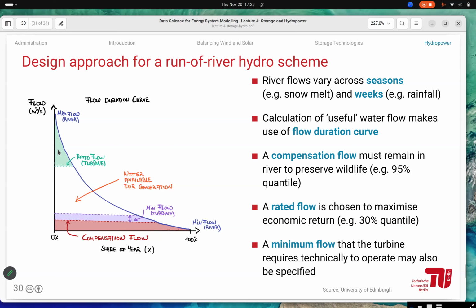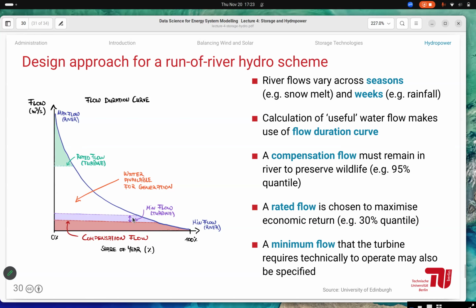We don't want to prepare everything for the floods, so we cut away some high flows and will only use up to this rated flow level. So we cut away some other water, and that water would also just go through the natural river flow.